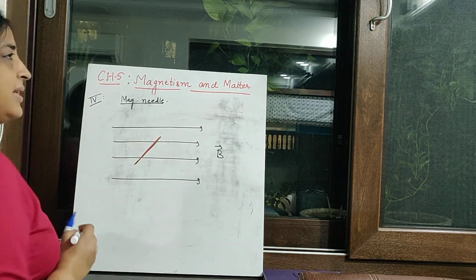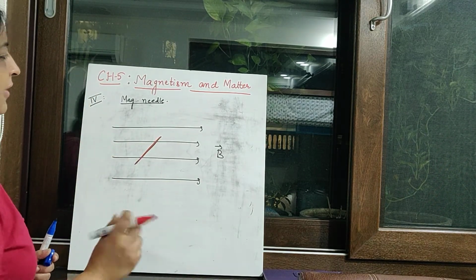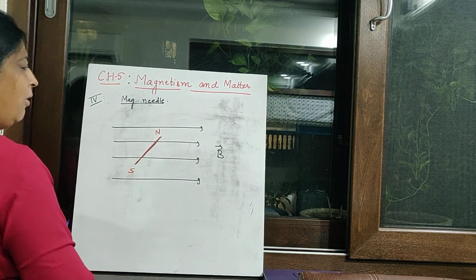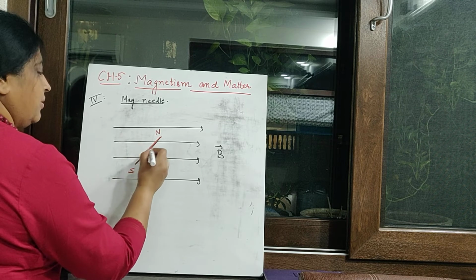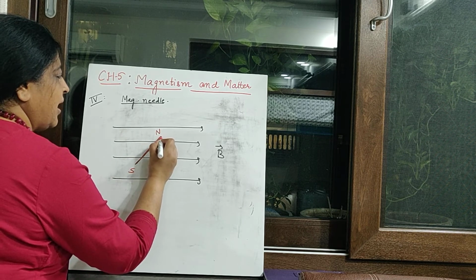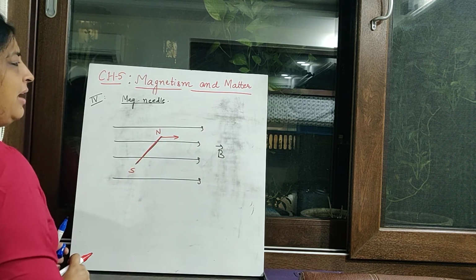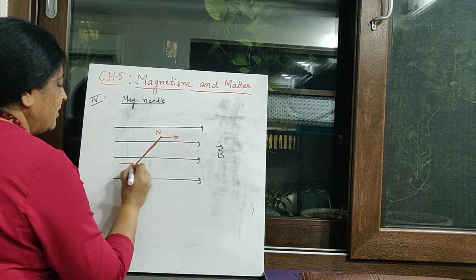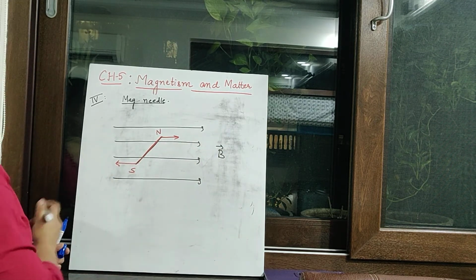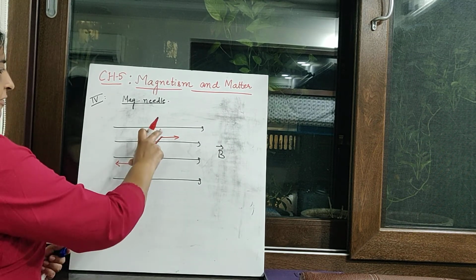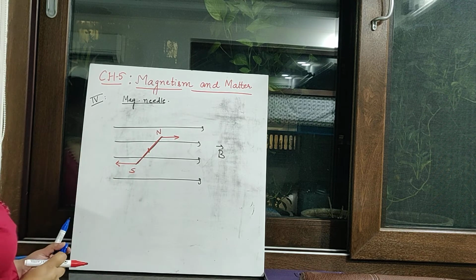Since it is a magnetic needle, it will have two poles, say this is the north pole and this is the south pole. Now the north pole will try to align itself in the direction of the magnetic field, the south pole will try to move away like this, and if this is the center of the magnetic needle, it will try and rotate.